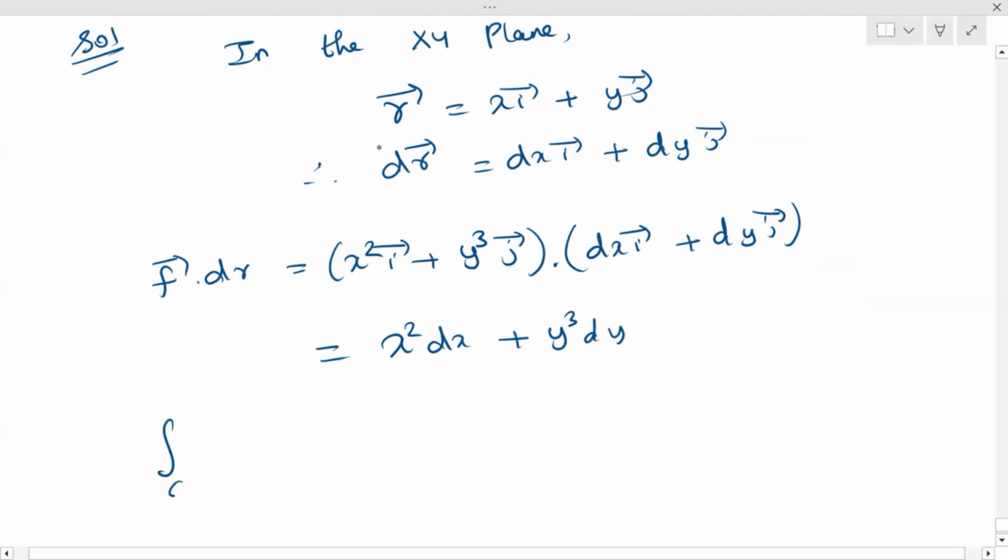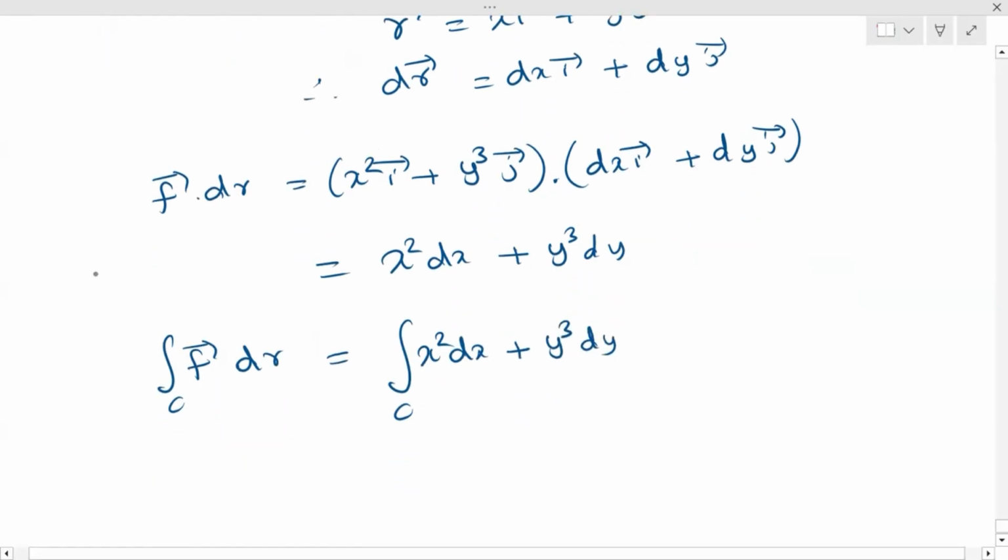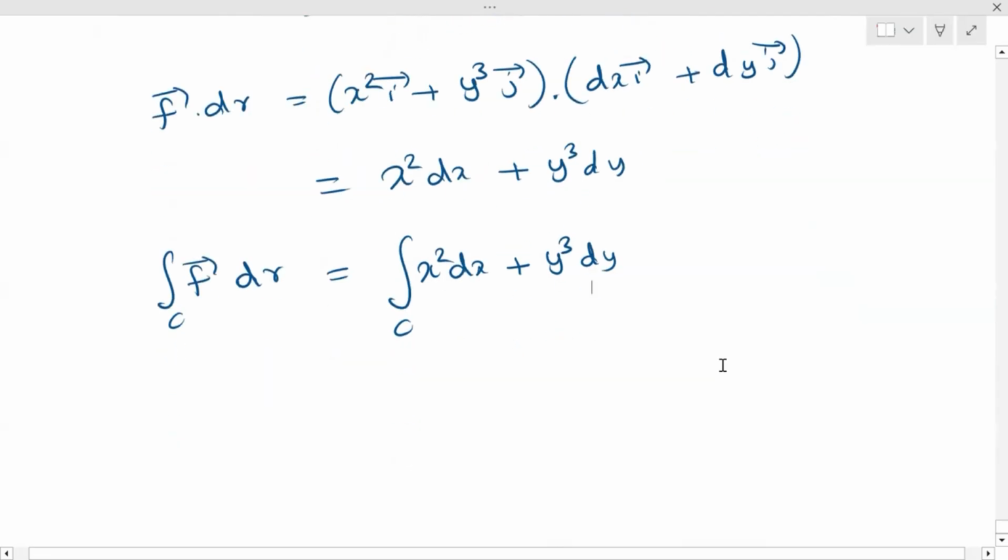So integral over C of F dot dr is nothing but integral over C of x squared dx plus y cubed dy. We have to evaluate this integral. This is a single integral, but we have two variables, so we have to convert either y to x or x to y.